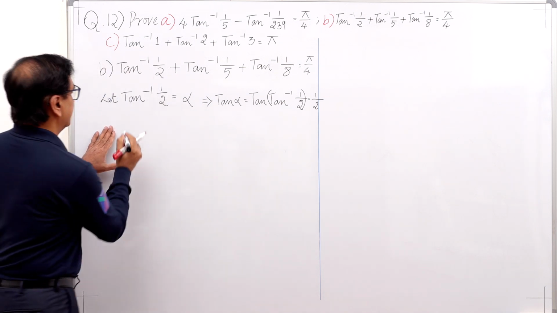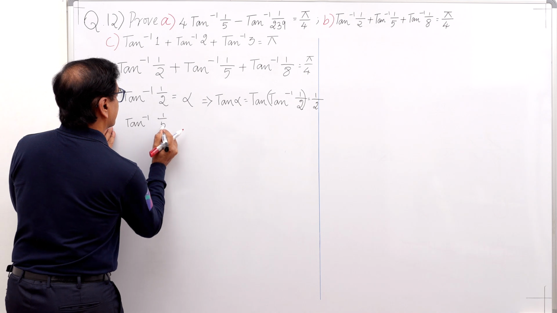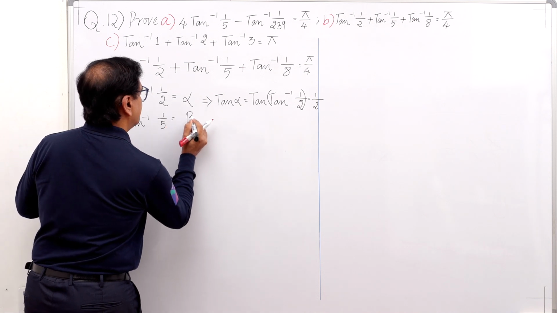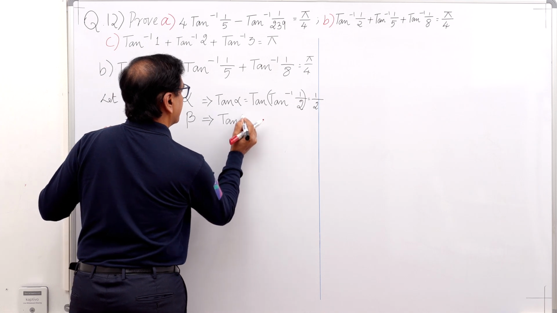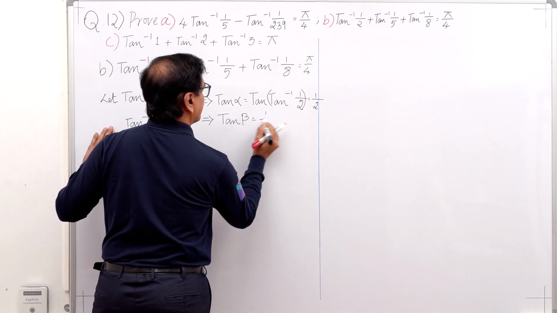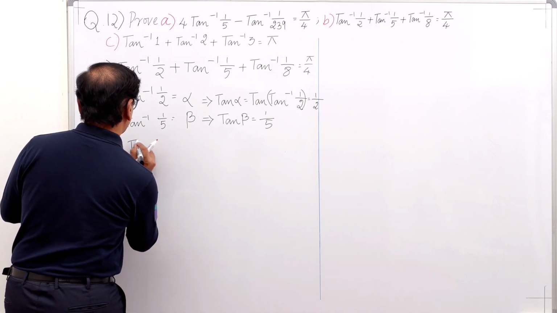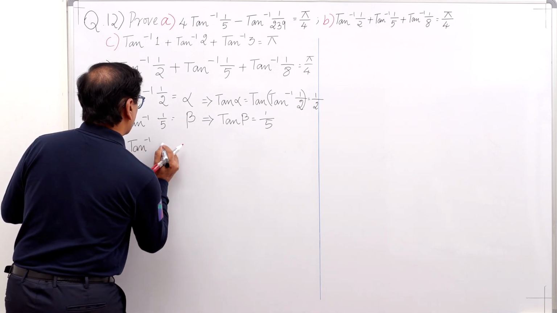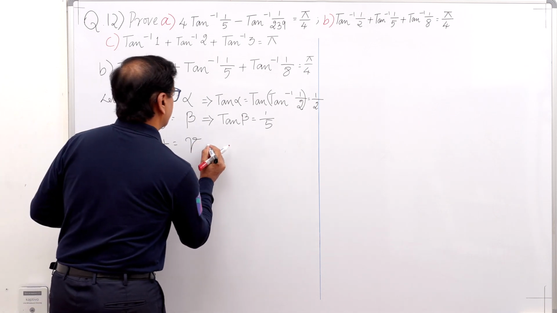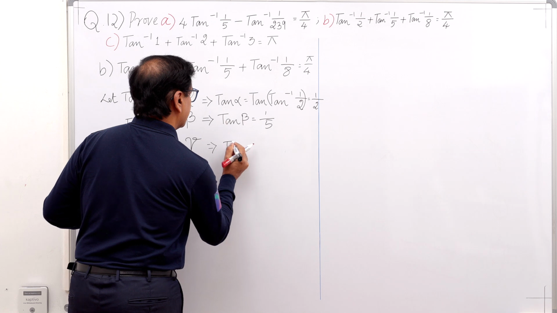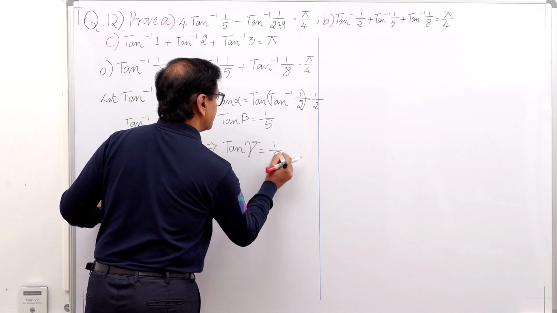Similarly, tan inverse of 1 by 5 equals beta, which implies tan beta equals 1 by 5. Then tan inverse of 1 by 8 is gamma, which implies tan gamma equals 1 by 8.